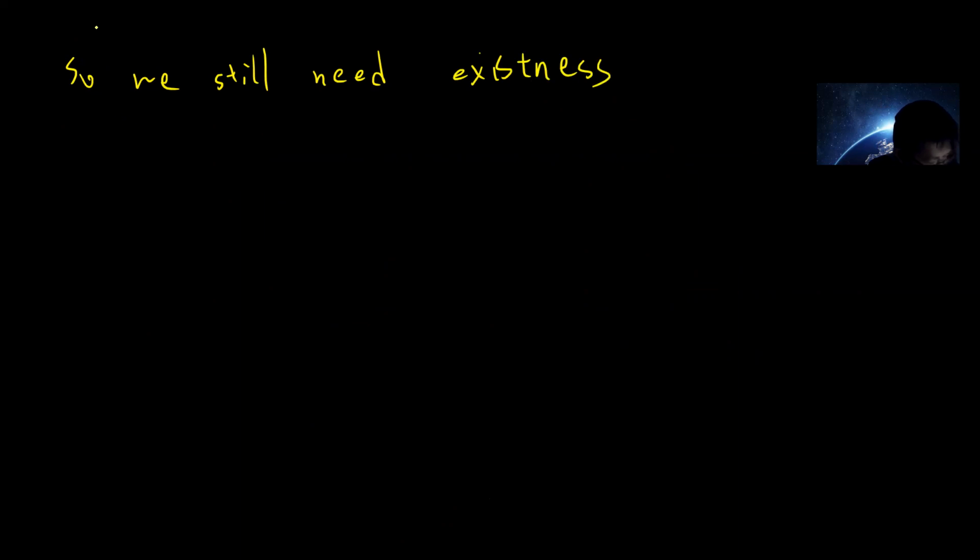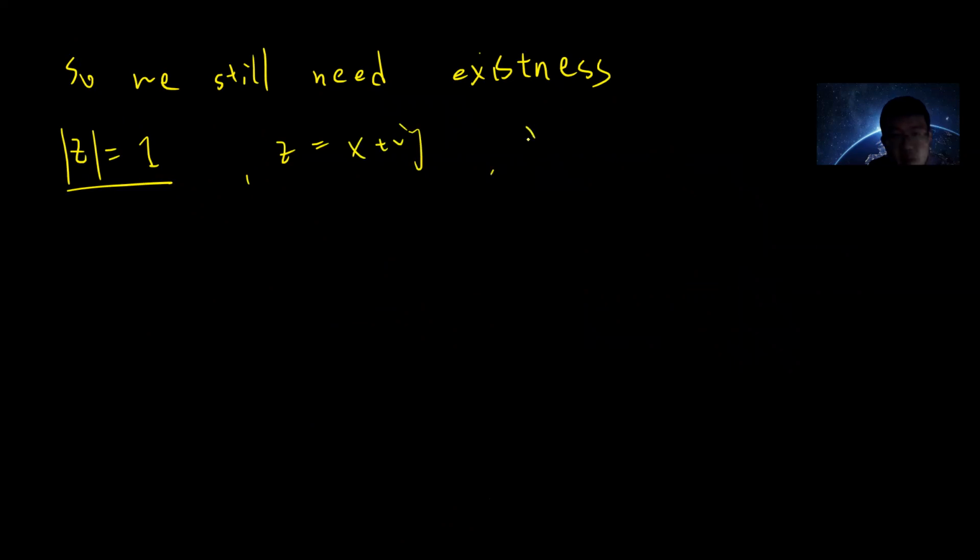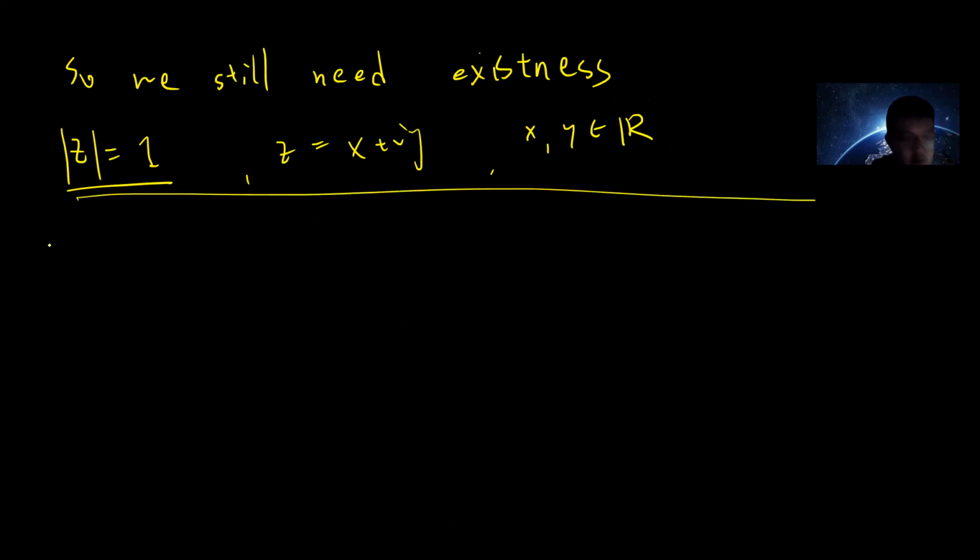Okay, so let's fix z of modulus 1, and write z to be x plus iy, where x and y are both real. The proof is a little bit lengthy, but it's a little bit stupid. Suppose x is greater than 0 and y is greater than 0.